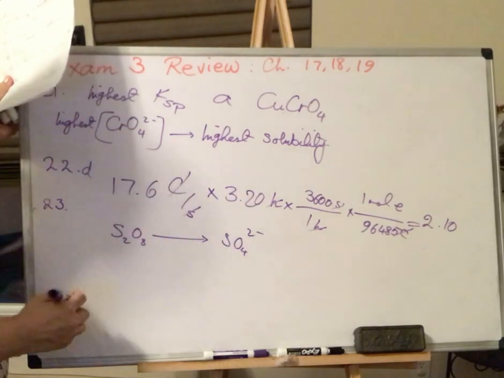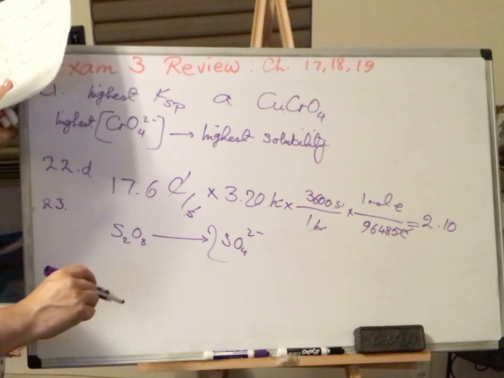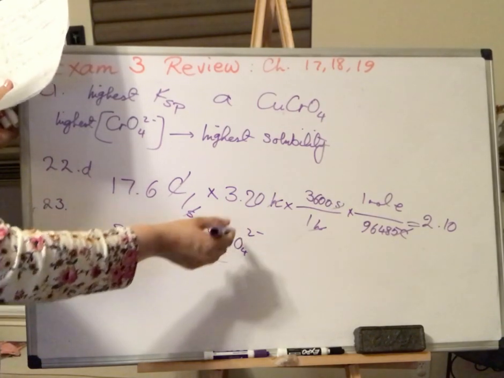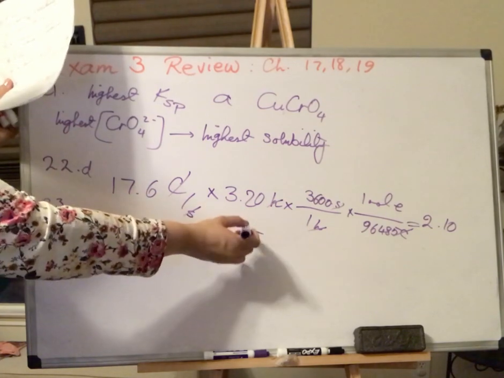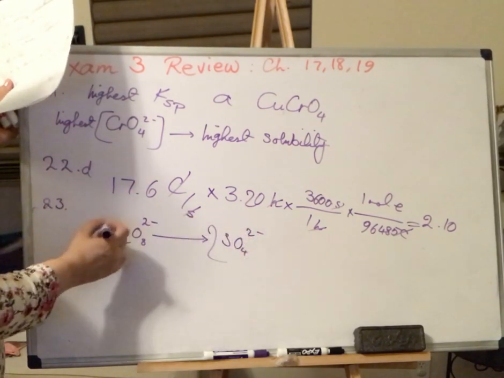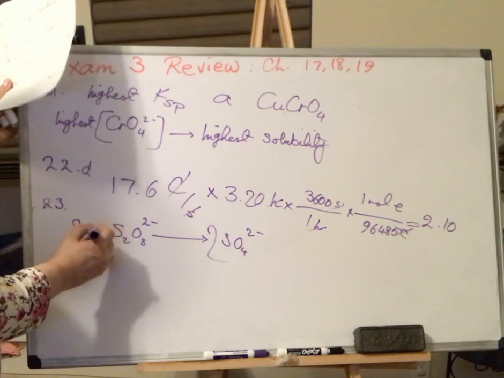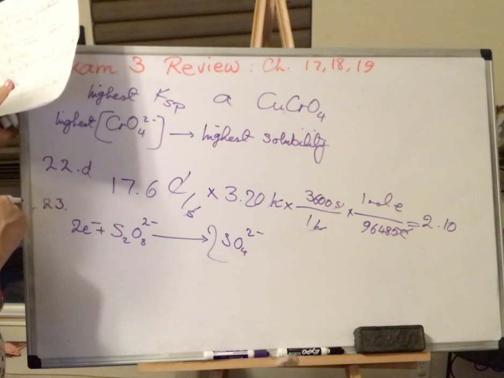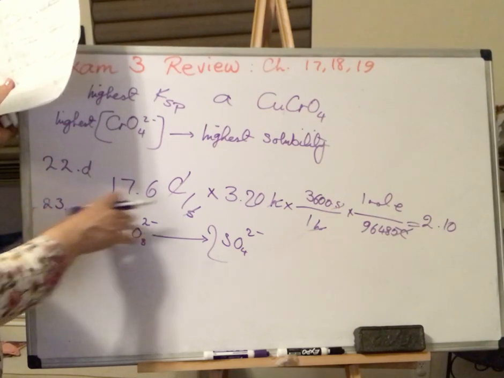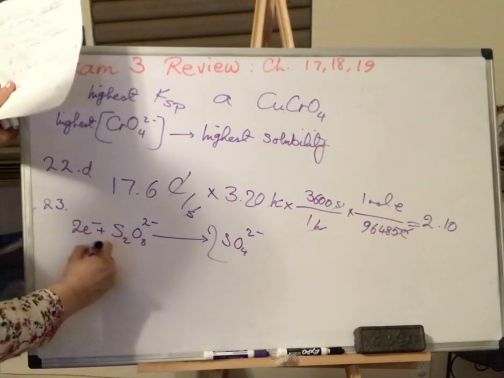Seems like if you put a 2 in front of this, you will balance all of the masses. Now balance the charges. -2 and 2 times -2, -4. So you need electrons on the more positive side, 2 electrons. So you will have -4 and -4.